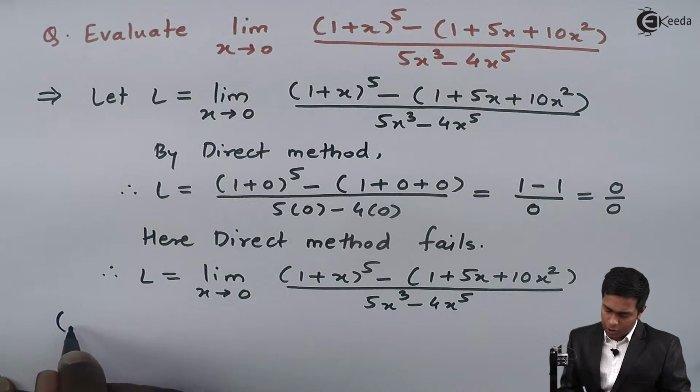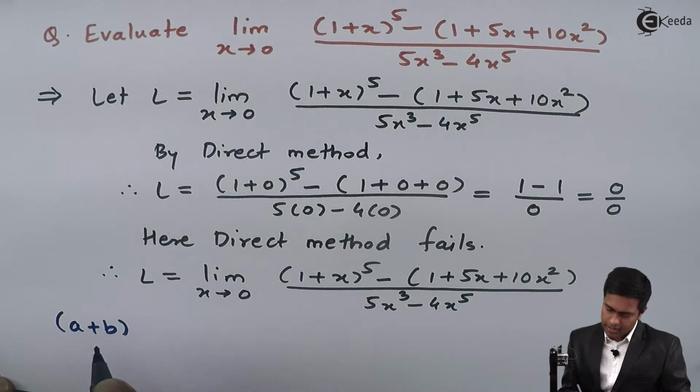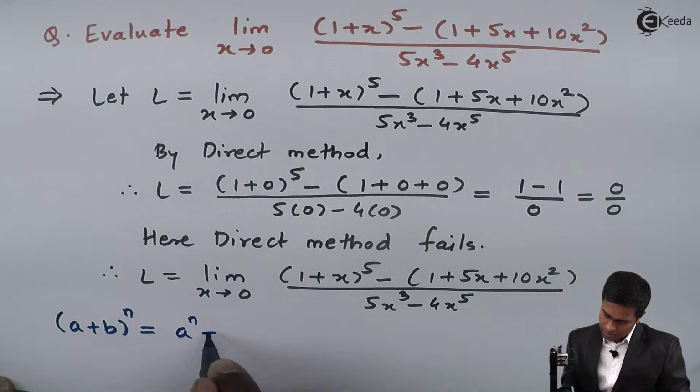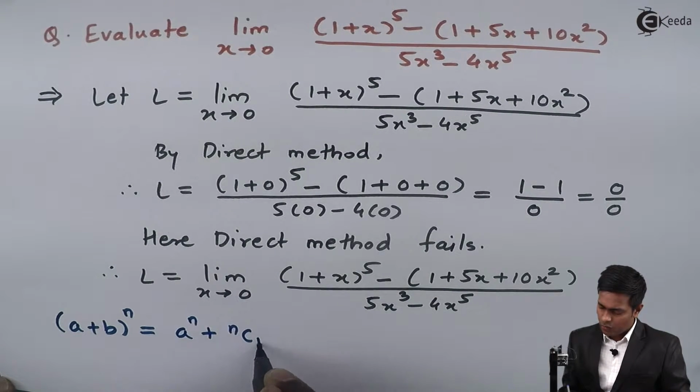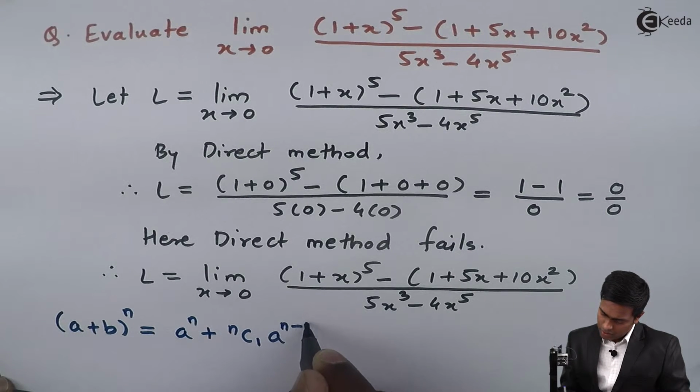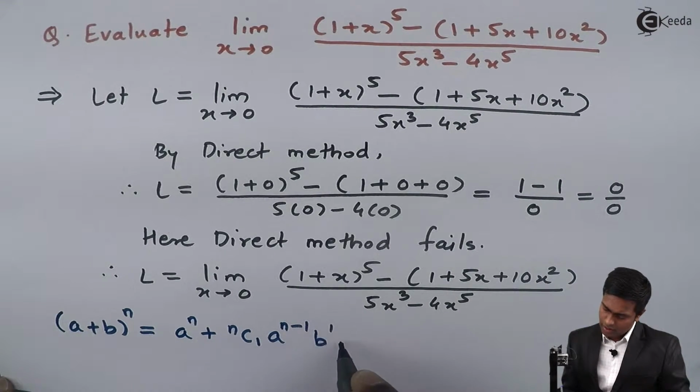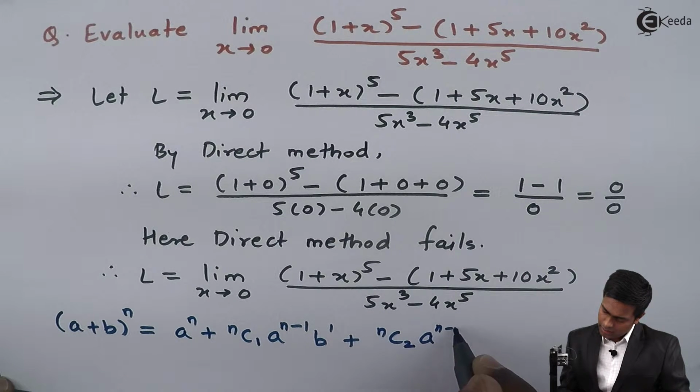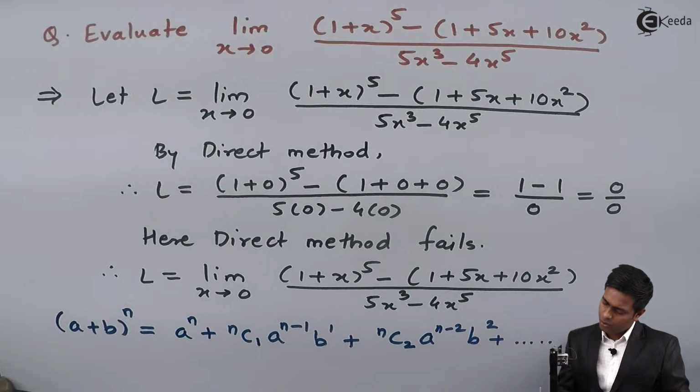The binomial theorem is: a plus b raised to n is equal to a raised to n plus nC1 a raised to n minus 1 b raised to 1 plus nC2 a raised to n minus 2 b raised to 2, and so on it will go till b raised to n.